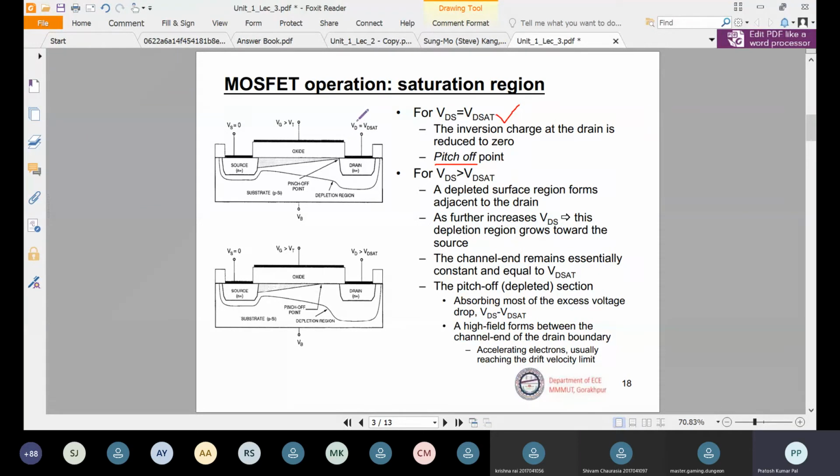So once we keep on increasing the drain to source voltage, VDS, the inversion charge at the drain is reduced to 0.